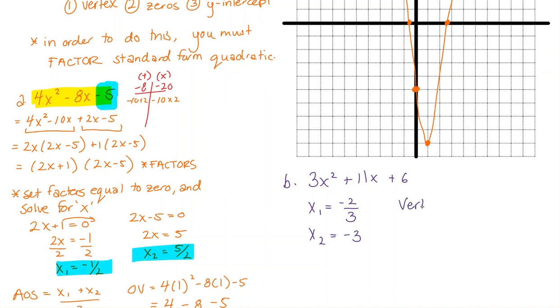Your vertex, which is a little trickier to solve because there's some big fractions involved, is (negative 11/6, negative 49/12). And your y-intercept, which you can just see clearly there as your c value, is (0, 6). So try and solve that by factoring and following the same steps as problem A, and see if you can come up with those pieces of information and then also graph it.